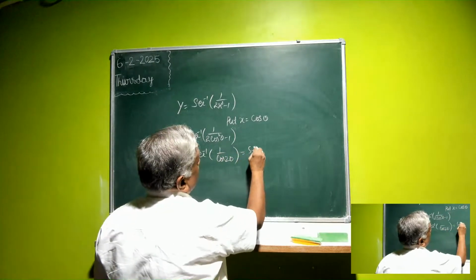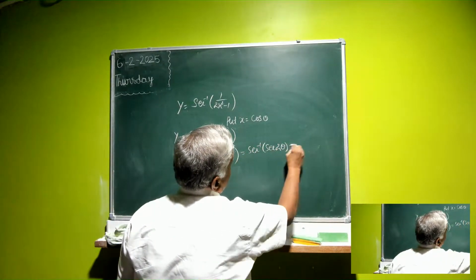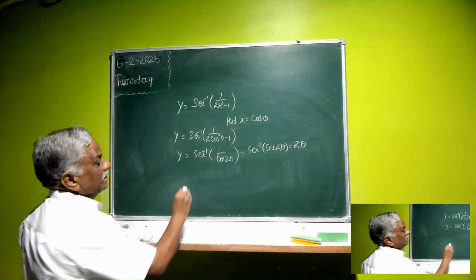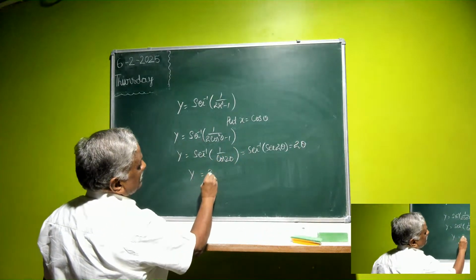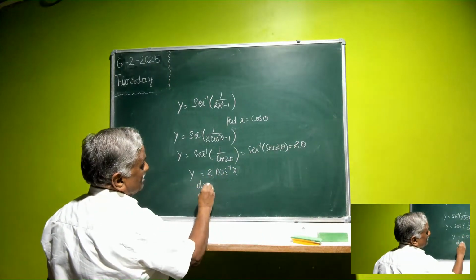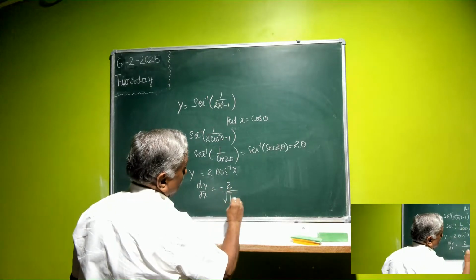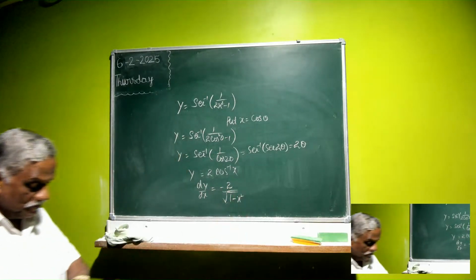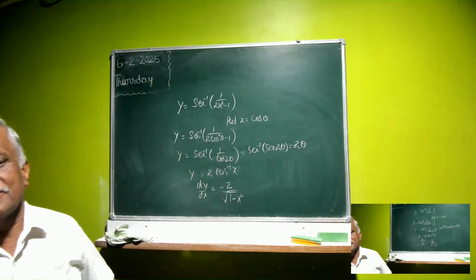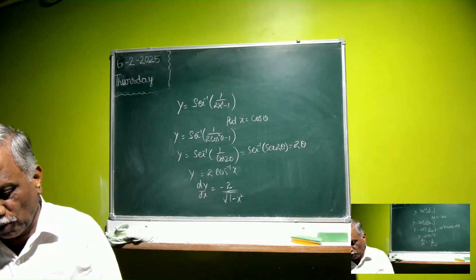That is secant inverse of secant 2 theta. That is 2 theta using inverse trigonometric function. But what is theta? Theta is cos inverse x. So what is dy by dx? Minus 2 over root of 1 minus x square. You should realize that you have to put x is equal to cos theta. I'll just work one more problem and leave.